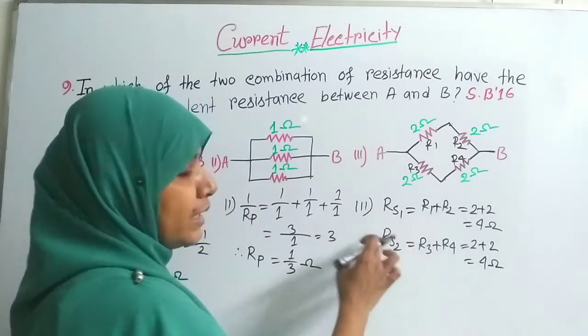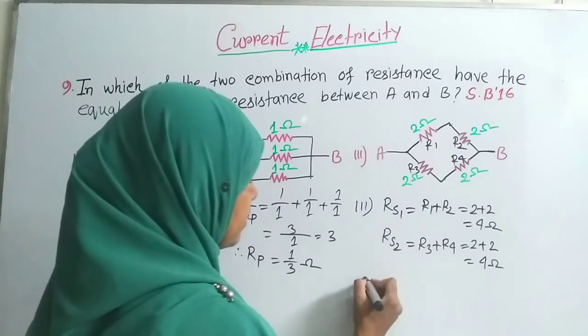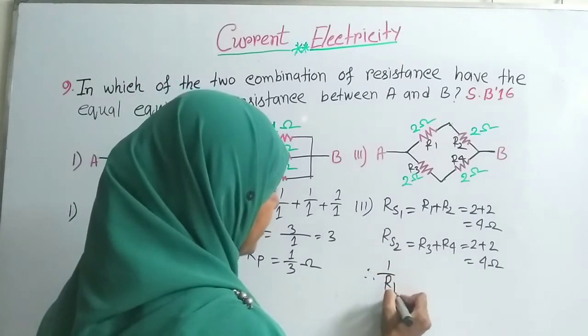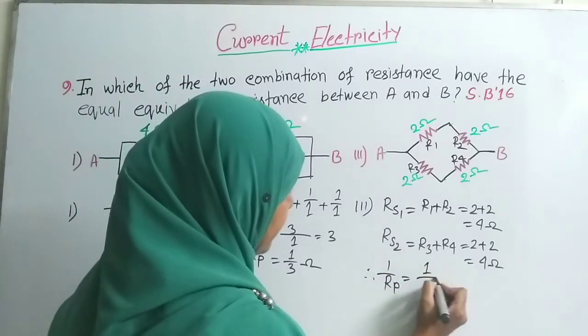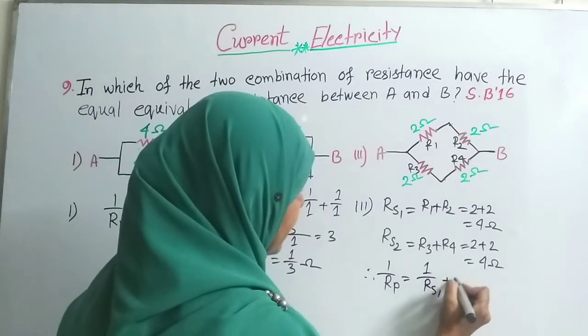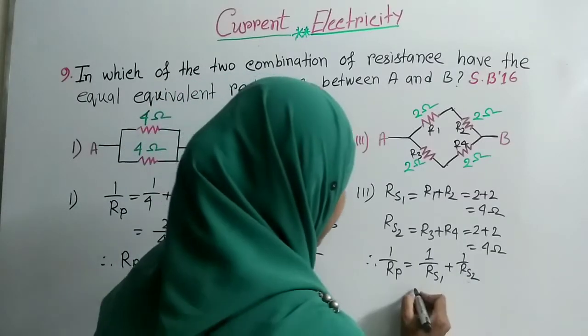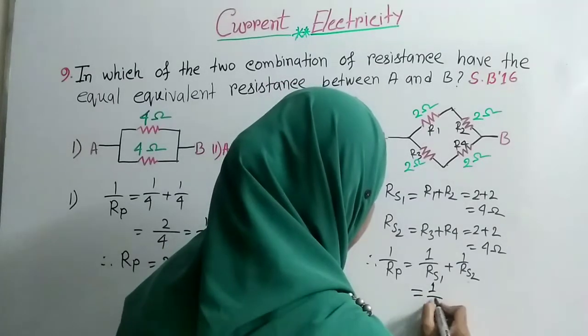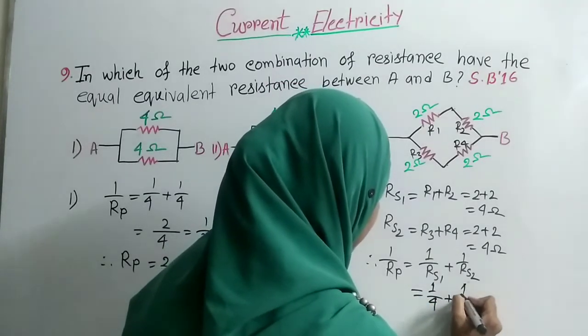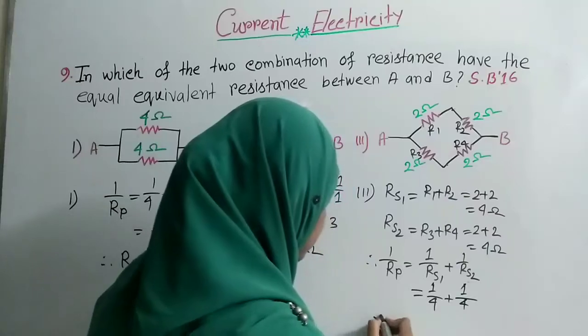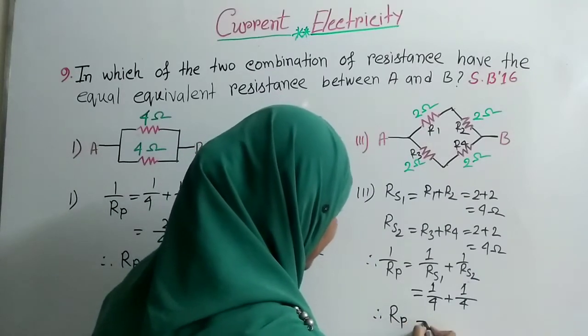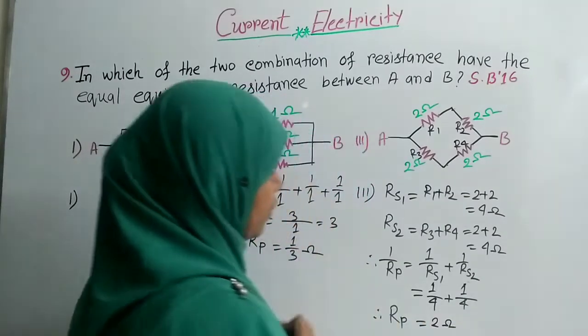Now RS1 and RS2 are in parallel combination, so we can write that 1 by Rp is equal to 1 by RS1 plus 1 by RS2. So the value of RS1 is 4 and the value of RS2 is also 4. So we will get the value of Rp is equal to 2 ohm.